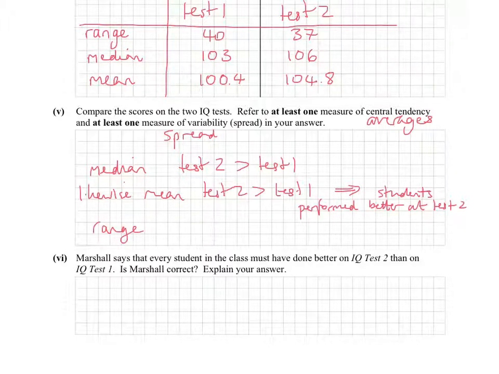And for the range, the test 2 range is less than the test 1 range, which suggests a less spread out performance. There's more predictable performance, less variability.